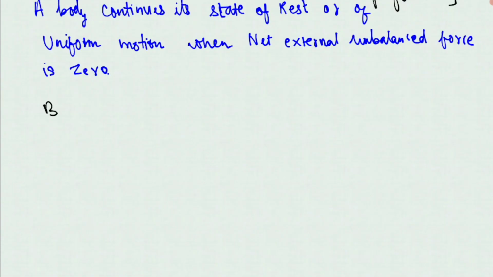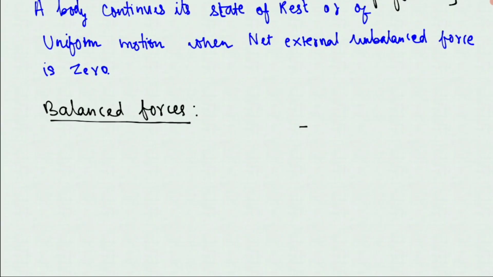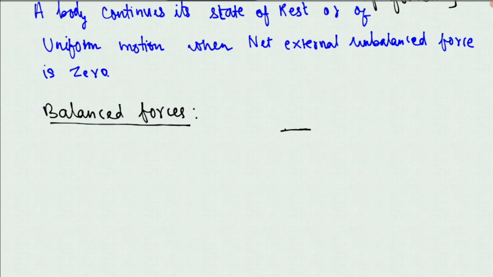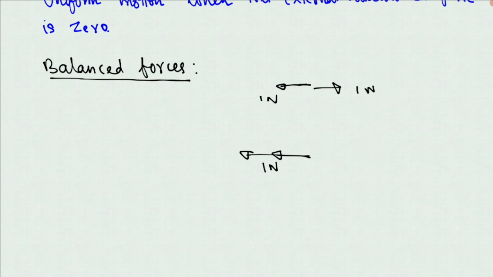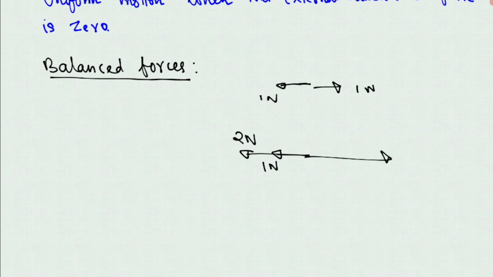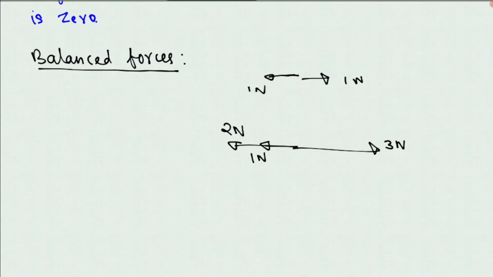When we talk about balanced forces, there will be a minimum of two forces. For example, 1 Newton is acting left and 1 Newton is acting right, then the forces are balanced. It could be three forces, like 1 Newton left, another 2 Newton left, and 3 Newton acting rightward. That is also balanced forces. It could be three forces at some angle.